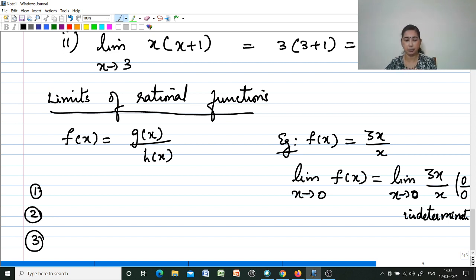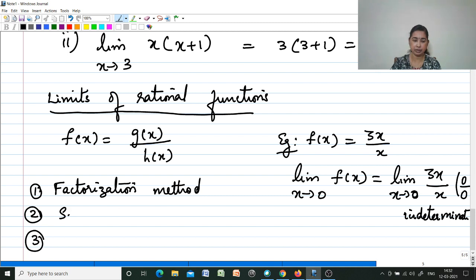If it is, we have 3 different methods to simplify. The first one is factorization, the second method is substitution, and the third method is rationalization.